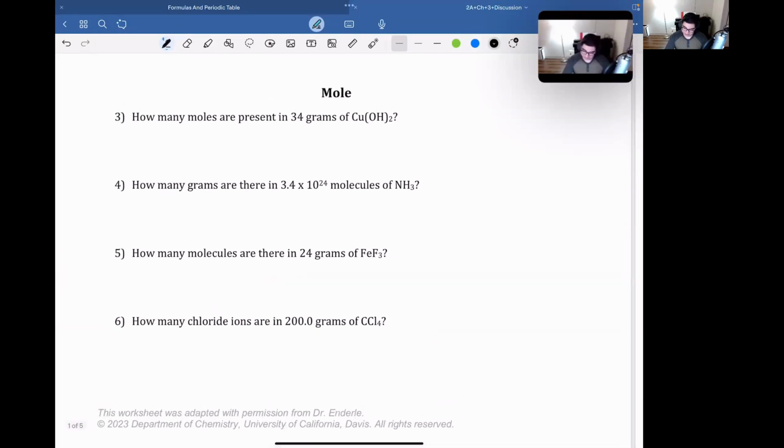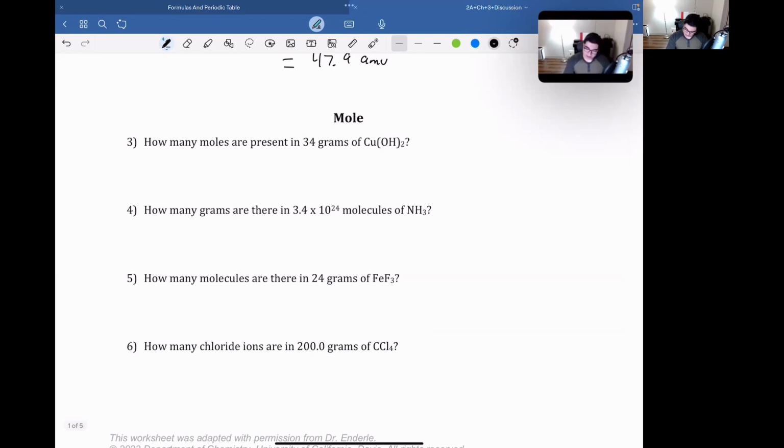To start this conversation off, let's start with the analogy of a dozen eggs. 1 dozen is equal to 12 of something, right? So if you have a dozen eggs, you have 12 eggs. You have 2 dozen eggs, you have 24 eggs, right?